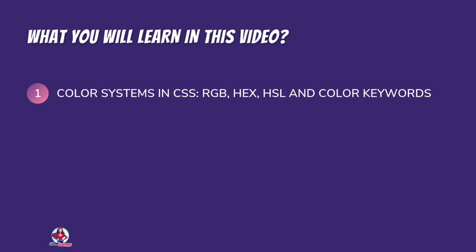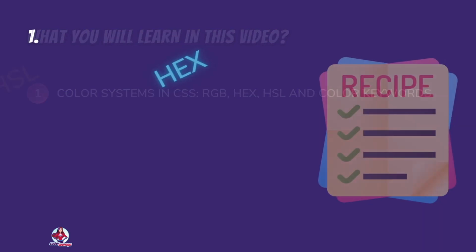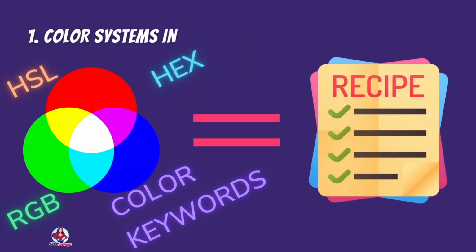Let's get started. Think of these systems as different recipes for creating colors. We will mix and match colors. Each method has its unique way of defining colors, but don't worry, we'll go through each with simple examples to help you understand. Let's start with RGB.